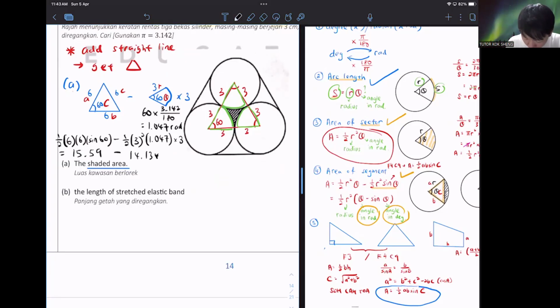Okay, I write everything now. 15.59 minus 4.1345. So small. That's 1.4555 cm squared. But then 4 marks. Easy, right?